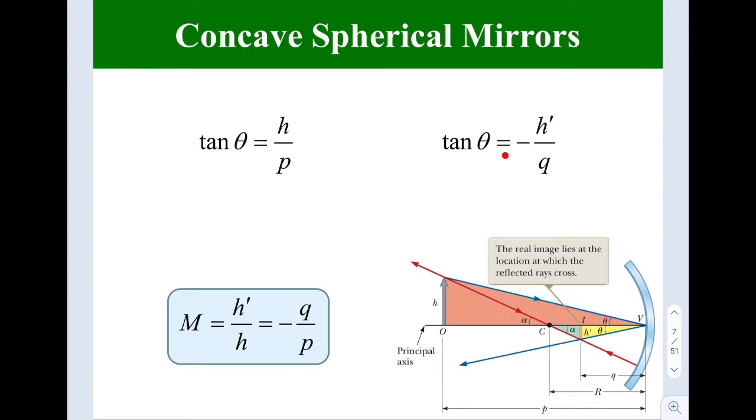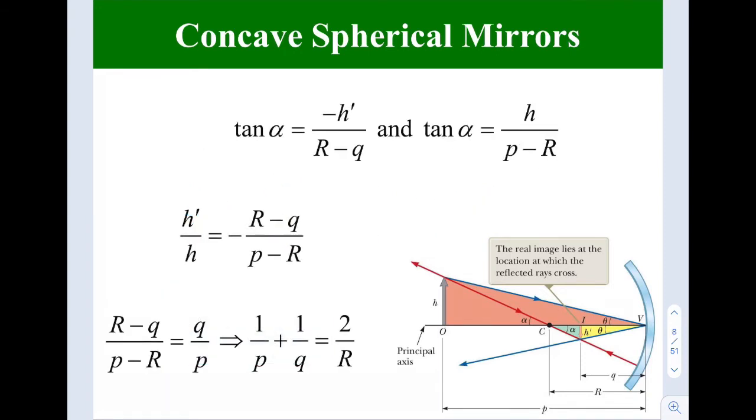So equating these two equations, and if we want m equal to h prime over h, we get negative q over p, which is the lateral magnification.